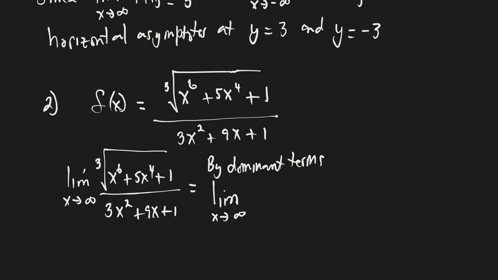Well, the dominant terms are really easy to identify. In polynomials, you have the x to the 6th there, that's under the root, and then you have a 3x squared there in the denominator, right? So it's equal to the cube root of x to the 6th over 3x squared, right? So then we have to simplify the cube root of x to the 6th. Now, the cube root is a slightly different function than your square root, right?